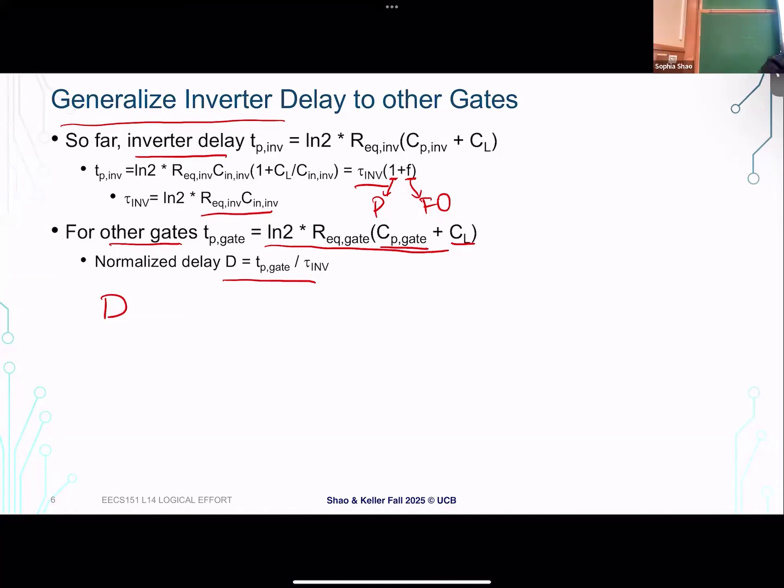Right, so we write down the behavior. Again, we're looking at a particular gate, right? We'd like to see what is the normalized delay, again, normalized to the unit size inverter. So this is the propagation delay of my current gate, normalized to the unit size inverter.